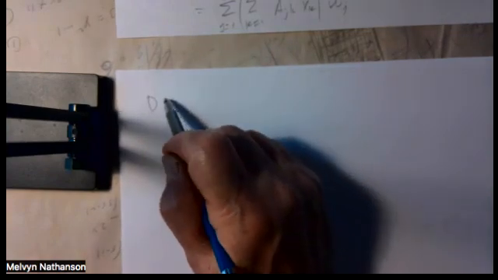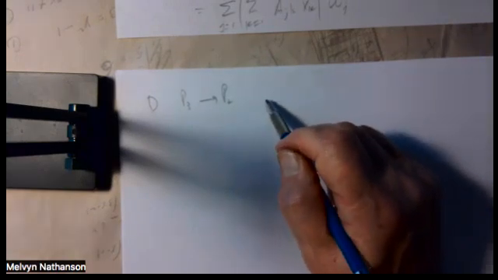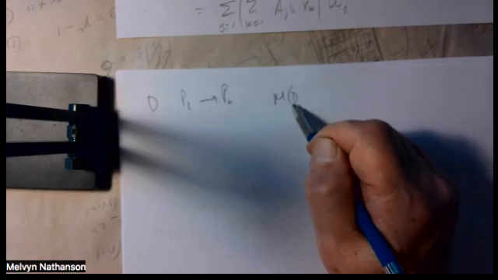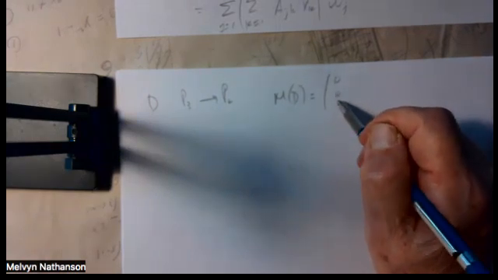Let's look at another example. A few minutes ago, I computed the linear map of differentiation from P3 to P2, and the matrix for this was 0, 0, 0, 1, 0, 0, 0, 2, 0, and 0, 0, 3.